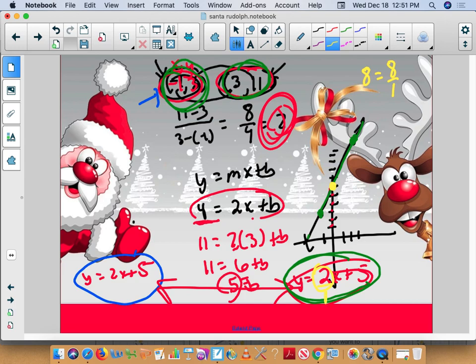So Susan, back to this. If I wanted to graph it using this, we could go to our y-intercept 5, and then we could go up 2 and over 1. So from this dot, I'm going to go up 2 and over 1 and look at what this student gets, the same line. So it's a great question. On the test, if I say find the equation of the line and graph the line, I'm not going to really know if you did it from your points or your equation.